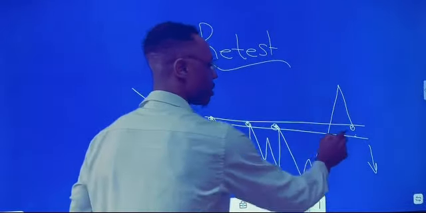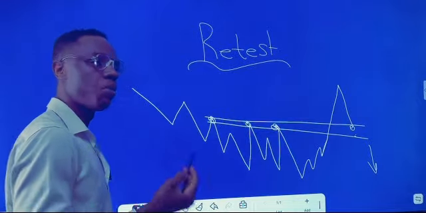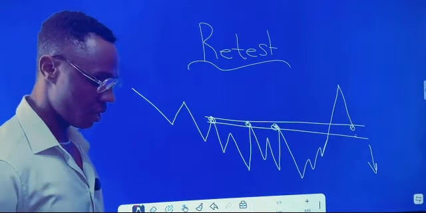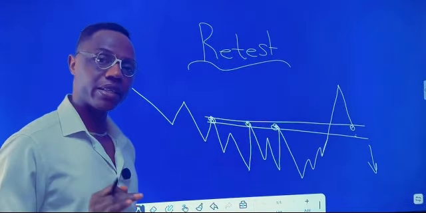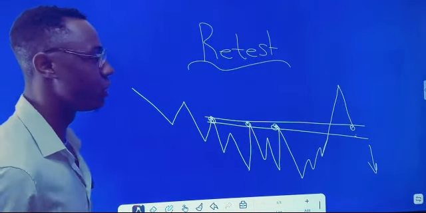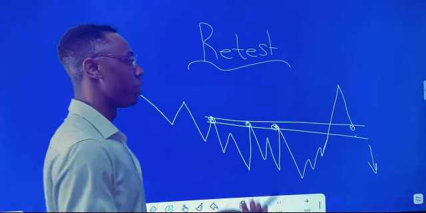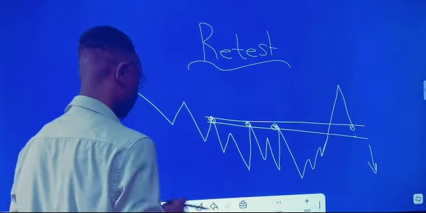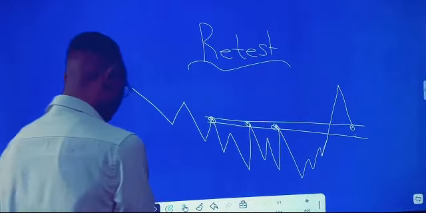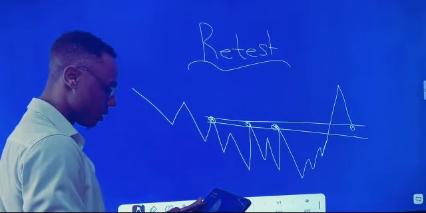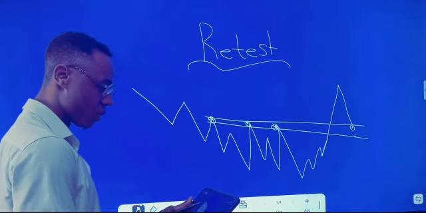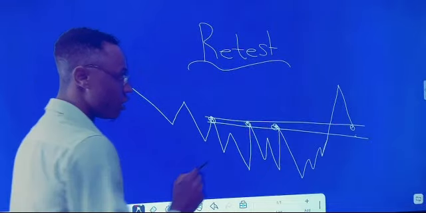So at this point, what you need to watch out for is your bullish candlestick formations. That is the most important thing you need to look for. So what do you look for? Bullish engulfing. Write it in the comment section. Once I see it, I'm going to write it here.